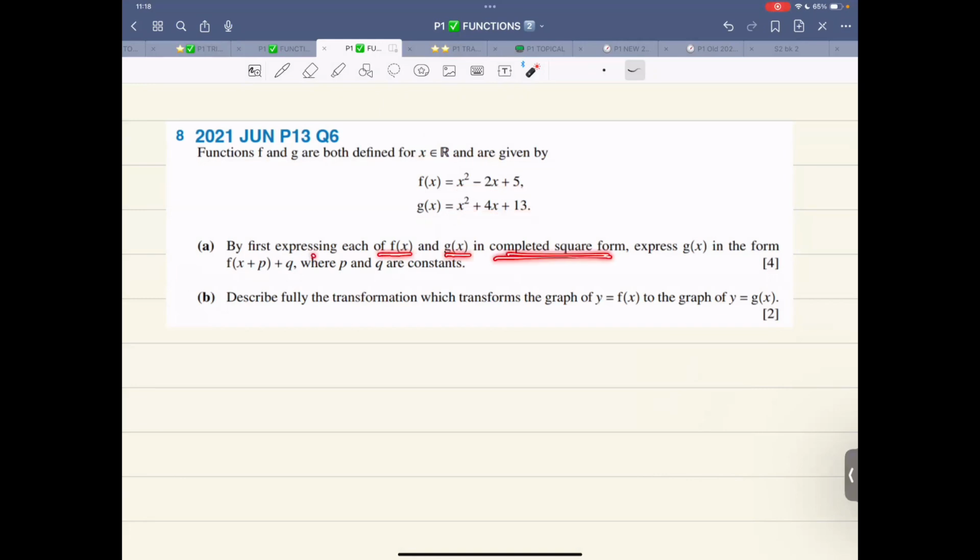By first expressing f(x) and g(x) in completed square form, express g(x) in the form f(x + p) + q. That means how is x transformed to this thing? Then it says describe fully the transformation which maps f(x) onto g(x). That's the whole purpose of this.